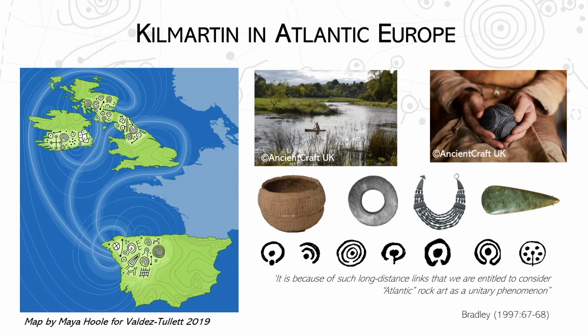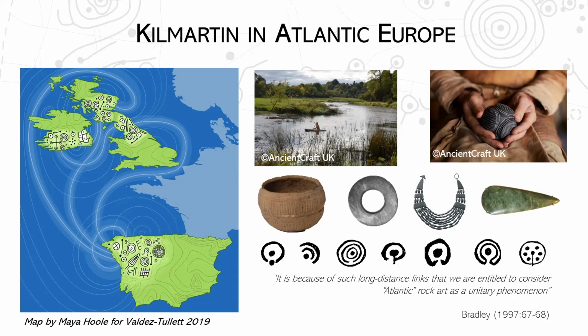In addition to all this, Kilmartin Glen was also a strategic point controlling the flow of metal coming from Ireland to other parts of Scotland and northern England from around 2200 BC. And this is really important because at this point, copper started being alloyed with tin to make bronze.